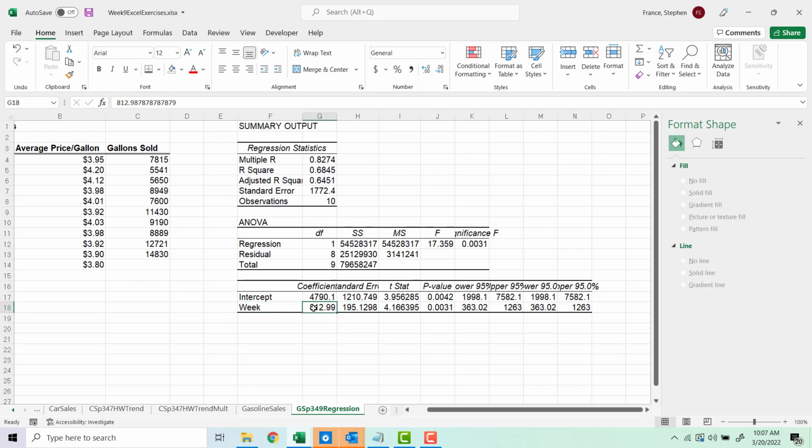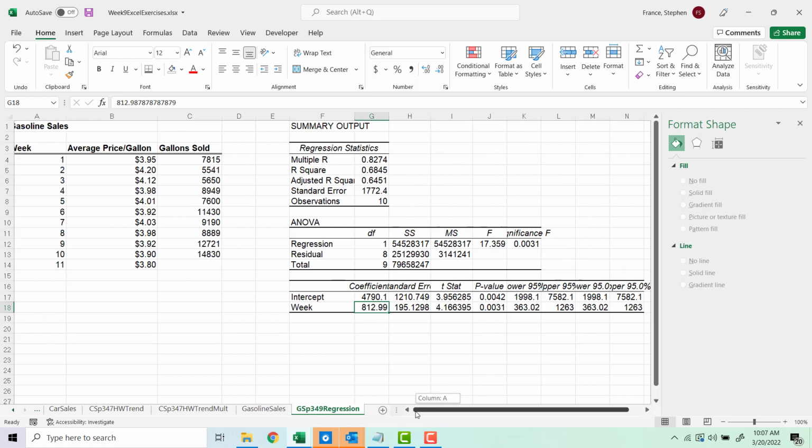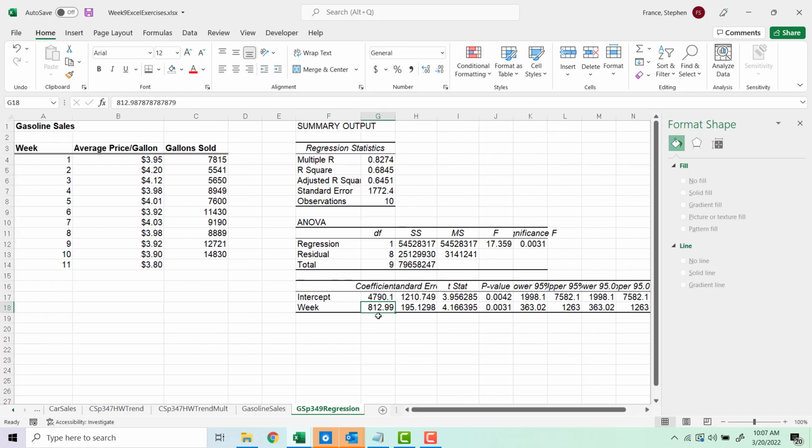And we can say that for every increase in week, we have an extra 812.99 gallons sold, with a base of 790.1. So let's build this model here. We have the week and the gallons sold.